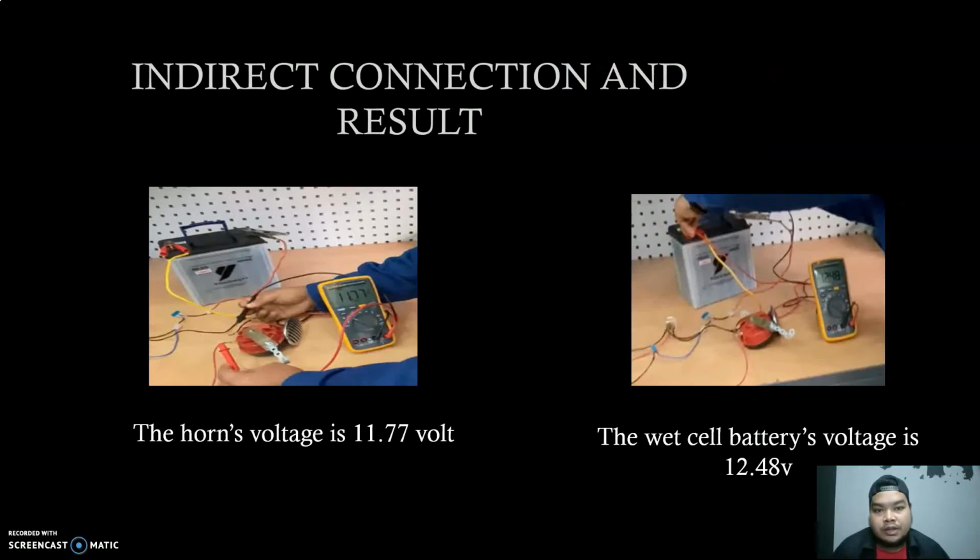For the indirect connection and result, the connection has a relay, fuse and switch that control the horn. The horn's voltage is 11.77 volts and the wet cell battery's voltage is 12.48 volts.